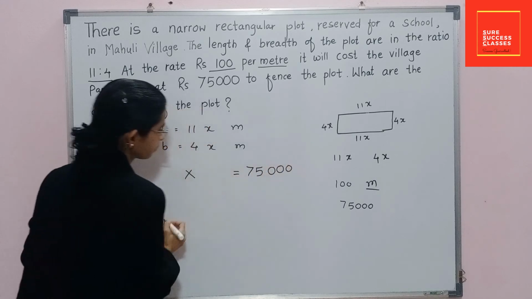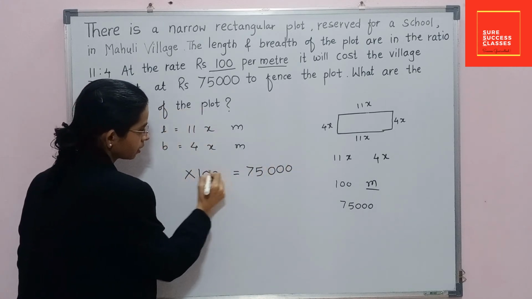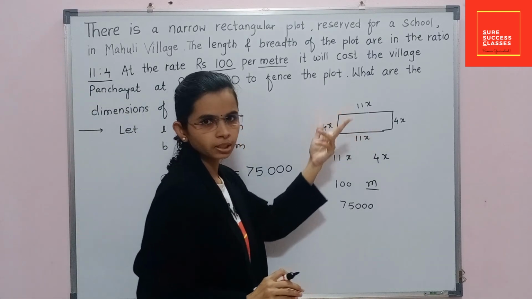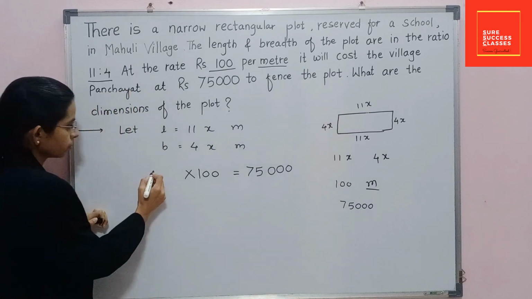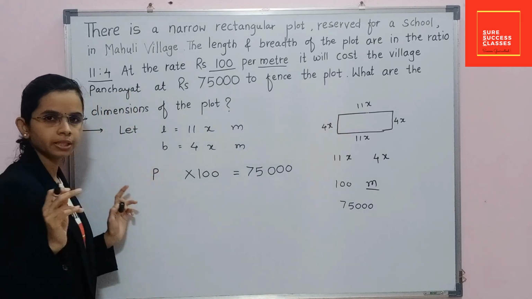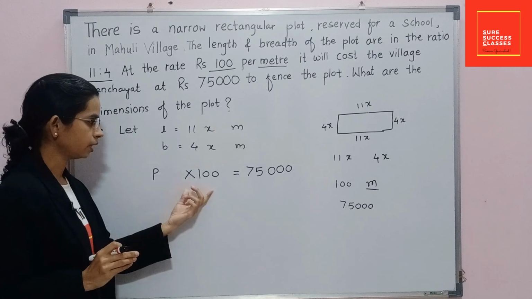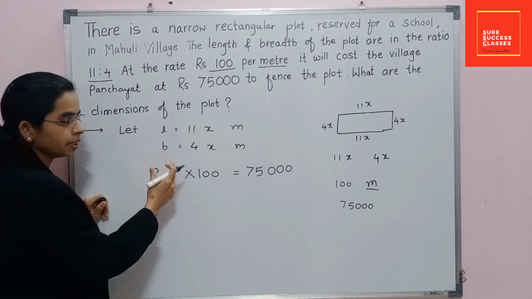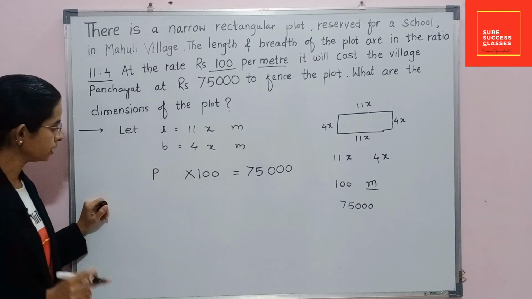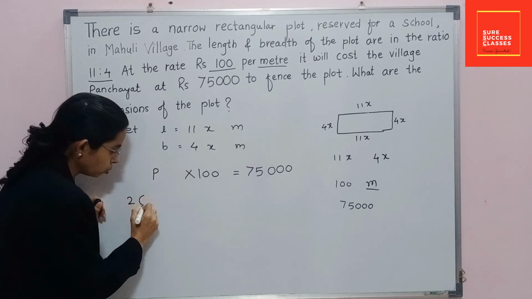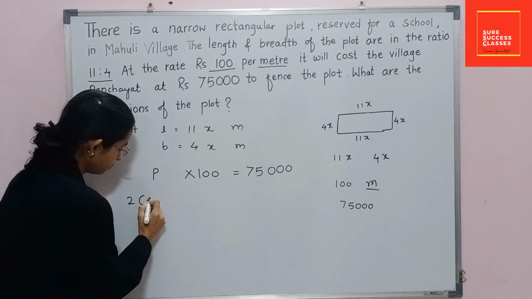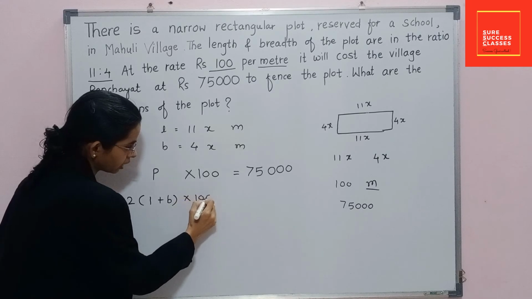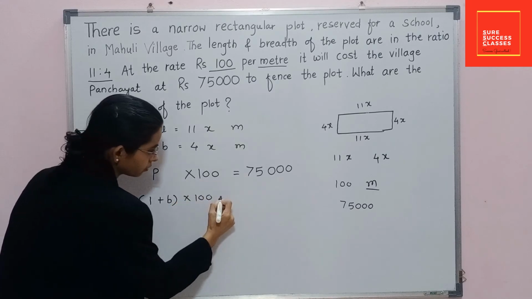75,000 by 100. And total distance of boundary is nothing but perimeter, means when we multiply perimeter by 100, then we will get our equation. So, the perimeter of rectangular shape is nothing but 2 into length plus breadth, into 100. We will write this entire equation as it is.